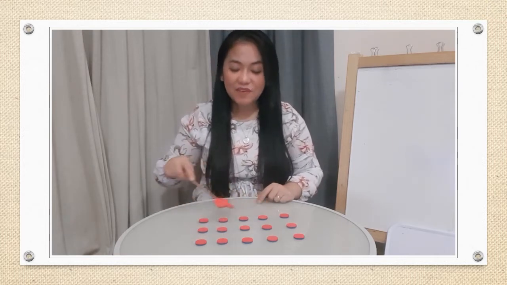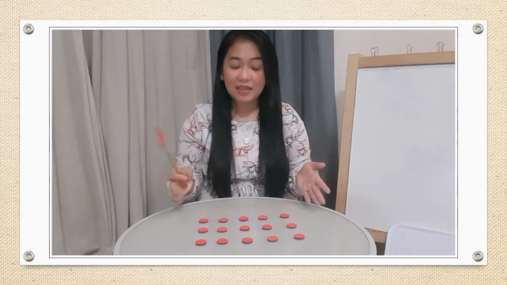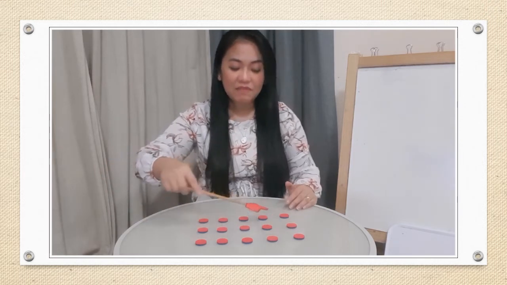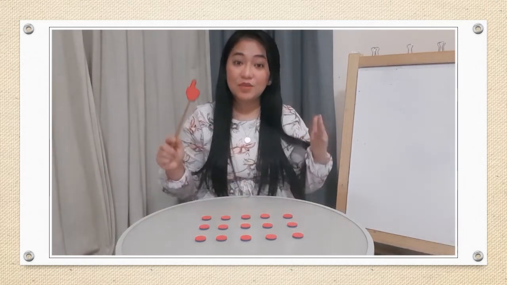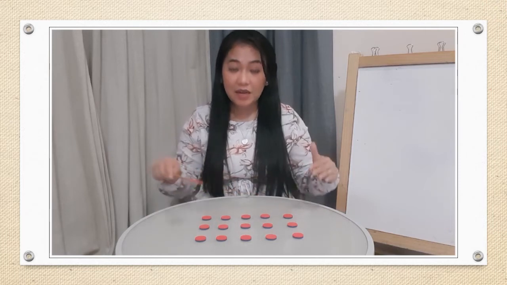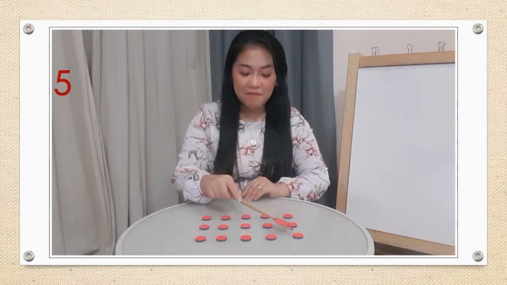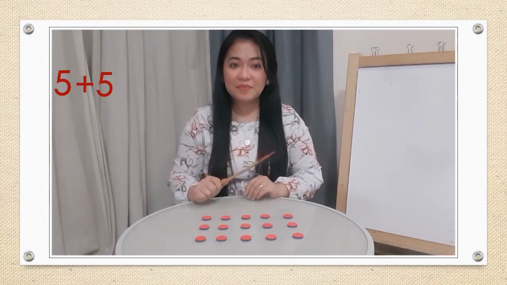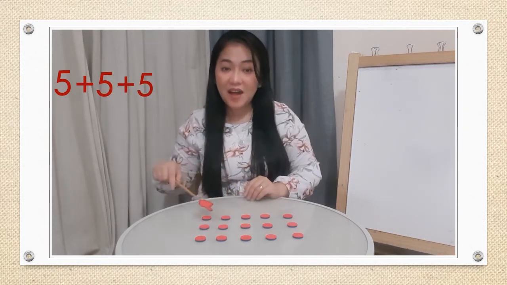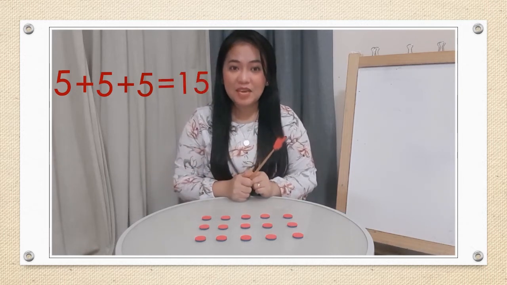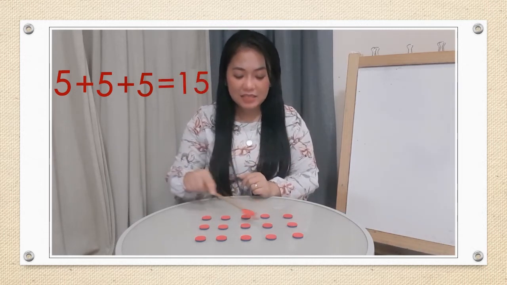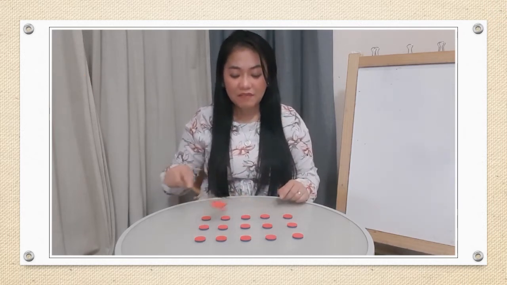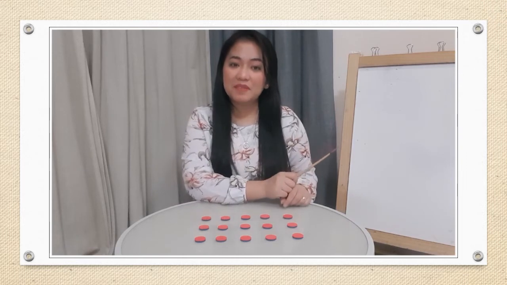I have 5 columns in my array, 3 rows and 5 columns. To write the repeated addition for this array, we can write 5 plus 5 plus 5 equals 15. 5, 10, 15. 3 rows of 5 is equal to 15.